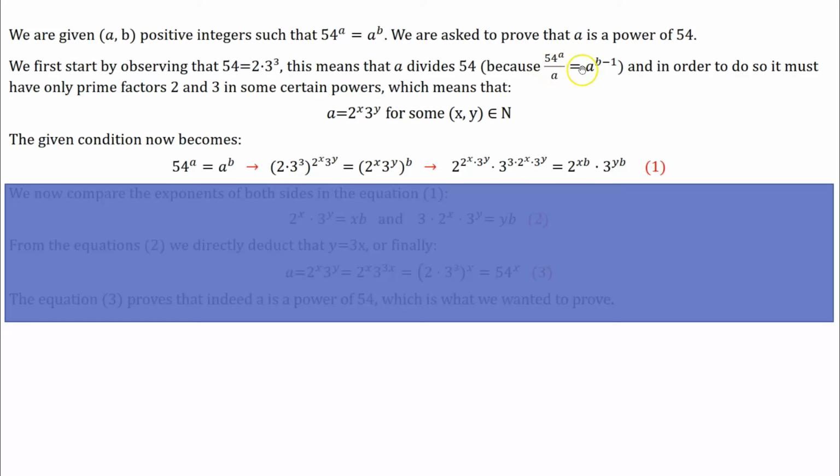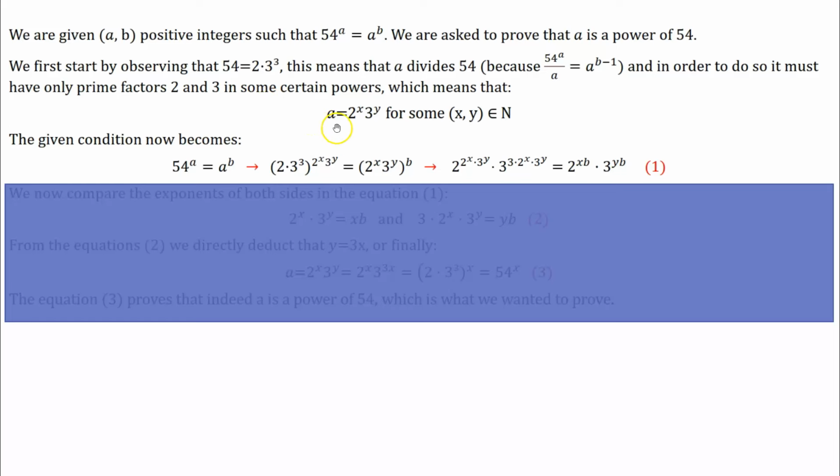And in order to do so, given that 54 has only 2 and 3 in its prime representation, a should also have only 2 and 3 as prime factors in its prime representation.